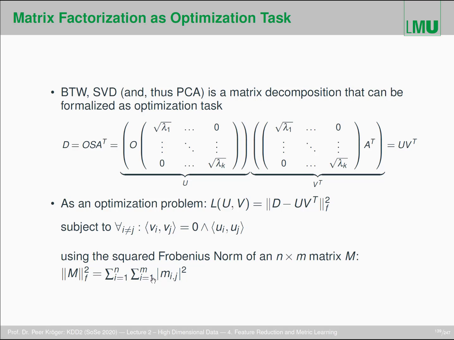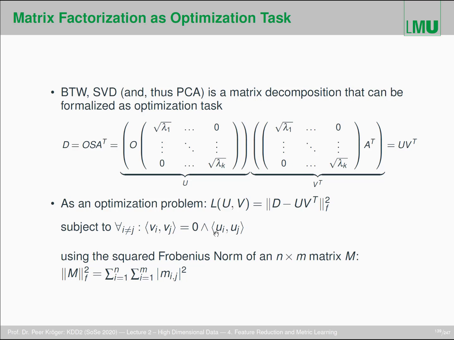You see here, you just sum up all the cells of the matrix to the power of 2. Yeah, so the squared values within the matrix, and that is the squared Frobenius norm, and you apply that to D minus this decomposition. Yeah, and of course it should be minimized in order to solve the whole problem.